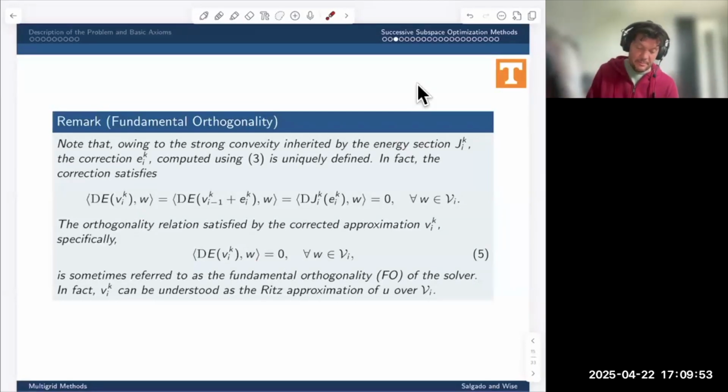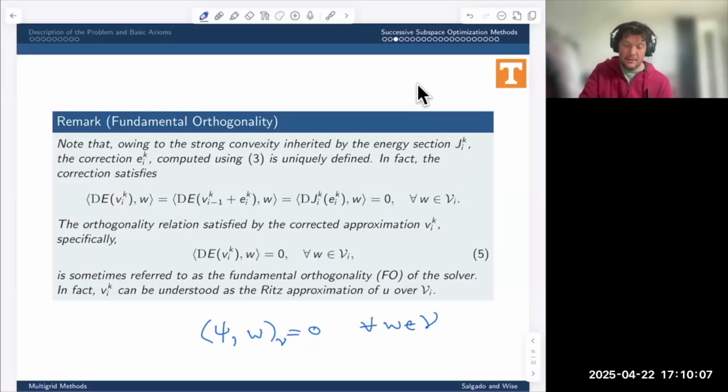And whenever you have something like this, let's say psi against W is equal to 0 for all W in V, we call that an orthogonality relation. If psi is orthogonal to everything in W, and W is a subspace, then what is that saying?